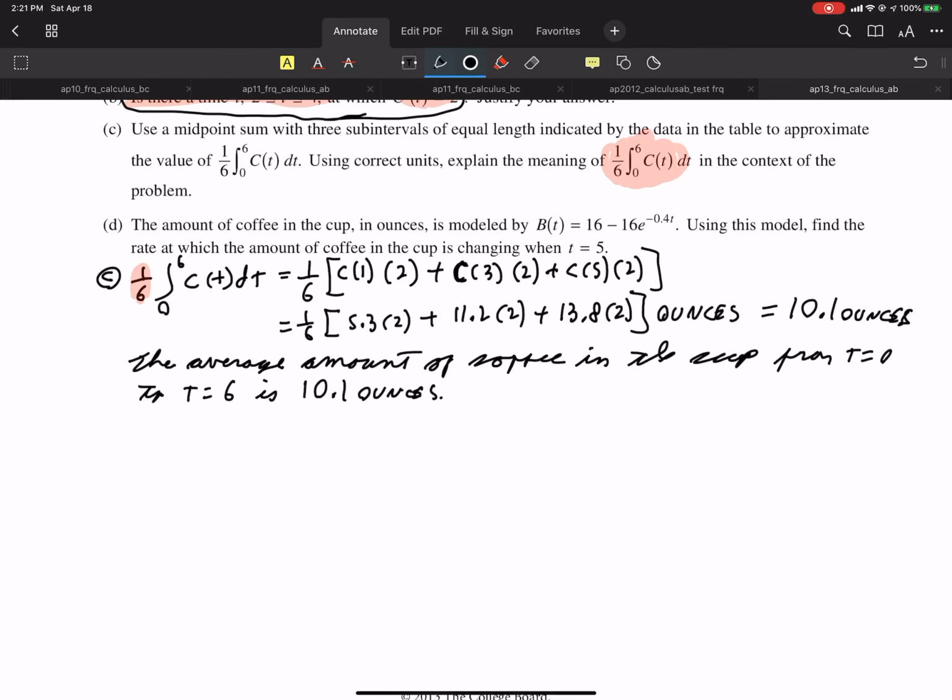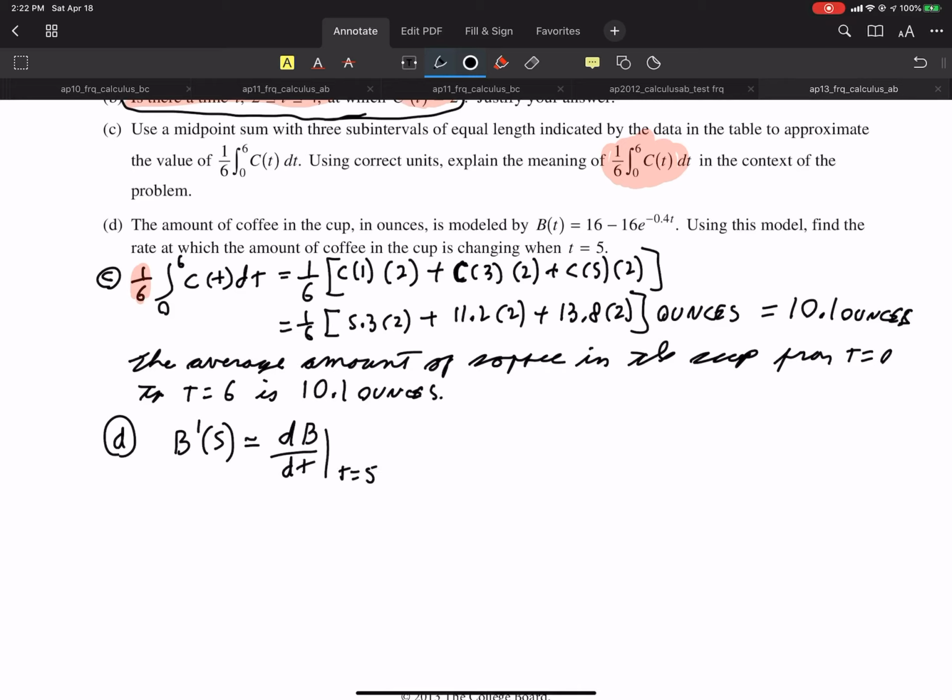So B is the actual amount of water, or coffee. So it's a derivative. The derivative at 5 gives you the rate of change, the rate at which the amount of coffee is changing. Because if we wrote this in a differential equation style, we'd get dB dt when t is 5.